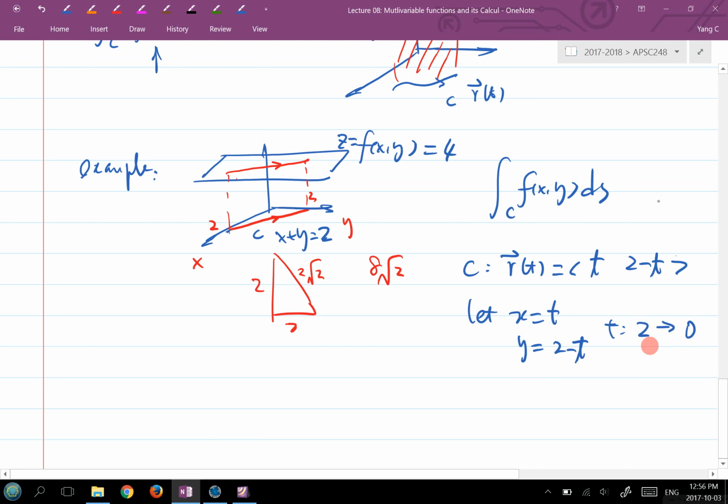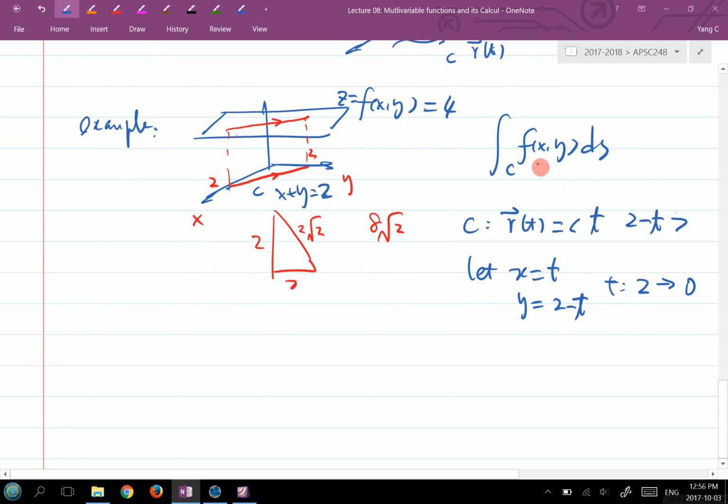Okay, so now you put things into this equation. So what do we get? We replace x with t, replace y with 2 minus t, but then your z equals 4, so really nothing changed. Still 4 here. The ds equals the square root of dr over dt dot dr over dt, dt, and t goes from 2 to 0.